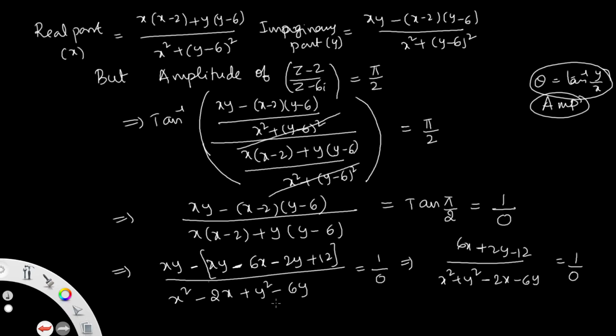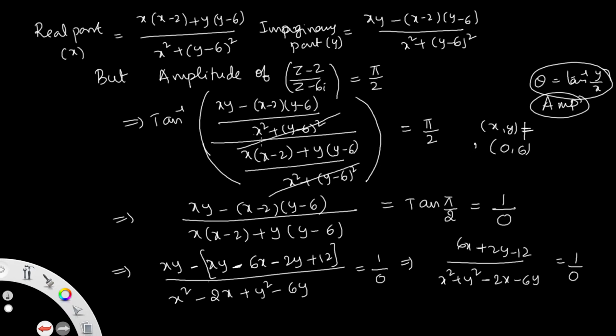It represents a circle equation, with the point 0 comma 6, that is x minus 0 whole square plus y minus 6 whole square. But x comma y is not equal to 0 comma 6. Why? Because if we substitute this point here, the term becomes 0 and cancels.